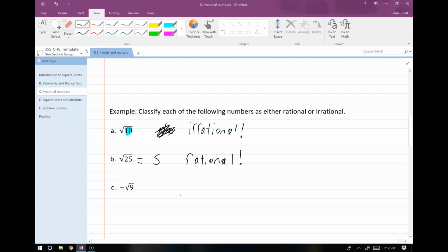I won't look down on you for doing that. That's totally fine if you want to do it that way. This one on the bottom is negative the square root of 9. Remember, the negative is on the outside of the square root, so that's okay. If the negative were inside, then we'd have issues. But the negative is on the outside, so this is just equal to -3, and that is rational.